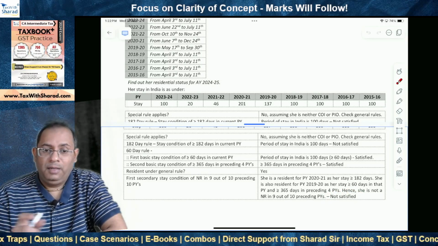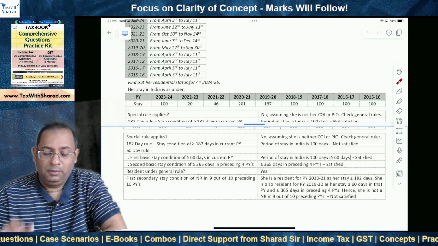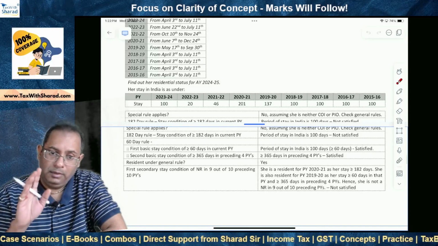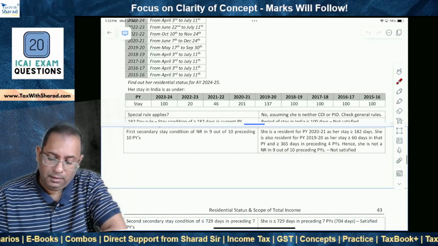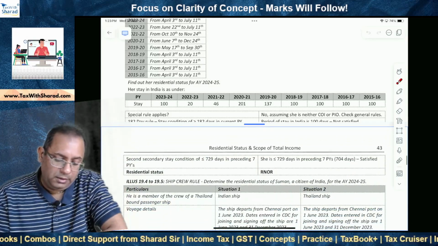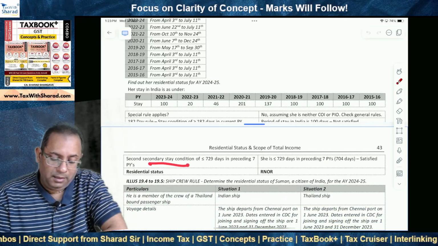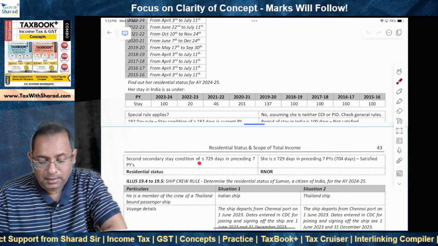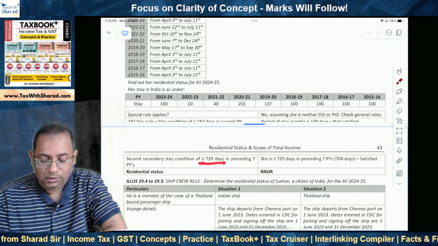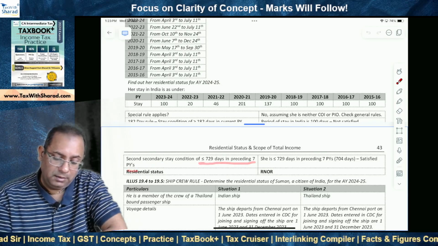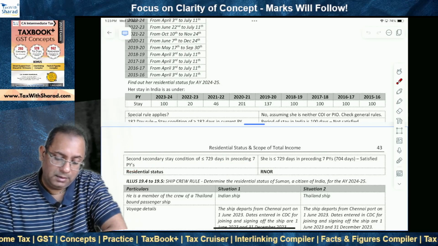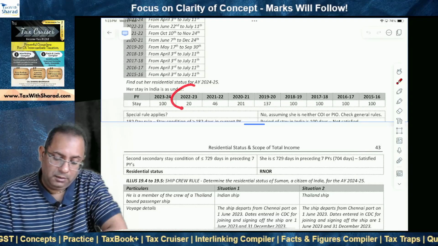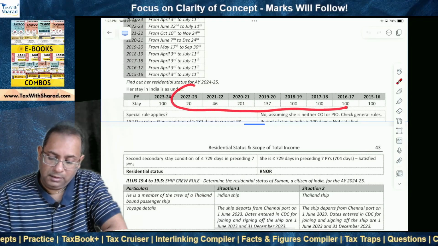So you will need to apply some common sense. You will need to look at the question and you will be able to figure out the solution. Now we move to the second secondary stay condition of being 729 days or less in the preceding 7 previous years. 1, 2, 3, 4, 5, 6, 7.